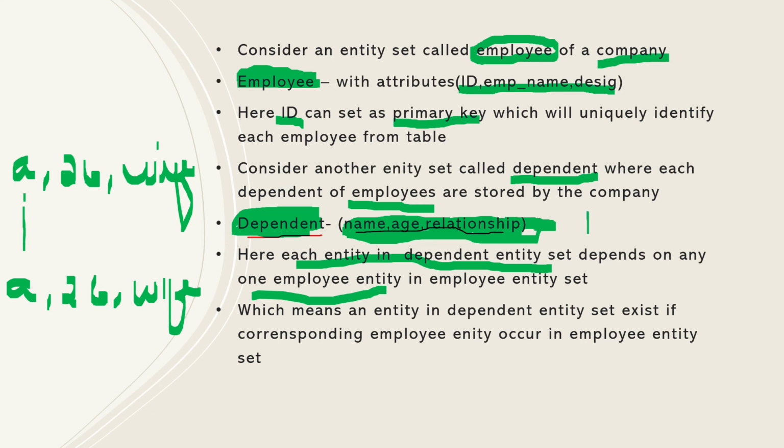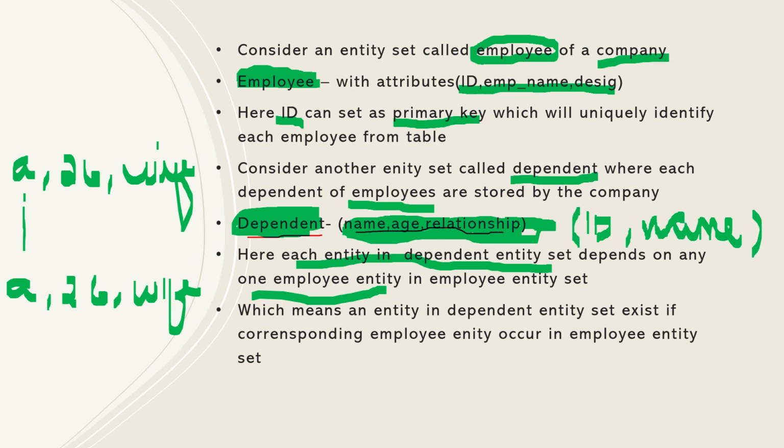Then we will combine it with the primary key of the employee, which is the entity set on which the dependent depends. So we will take the primary key of the employee, that is ID, and combine it with the name field of the dependent entity set, which is called a discriminator.